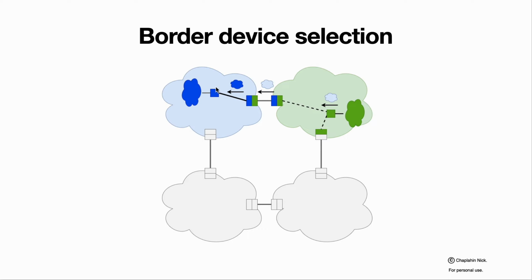It would be obvious to send it to the border device that is nearest to the autonomous system, but again we can have pretty complex topologies, and eventually we need to know, or in other words, those devices need to know exactly how to reach this network.